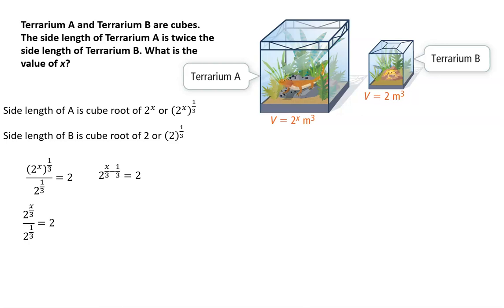Since the bases are the same, the exponents can be set equal to each other, and 2 has an exponent of 1. So now we set the exponents equal to each other. x over 3 minus 1 over 3 equals 1. Multiply both sides by 3 and then add the 1. We get x equals 4.